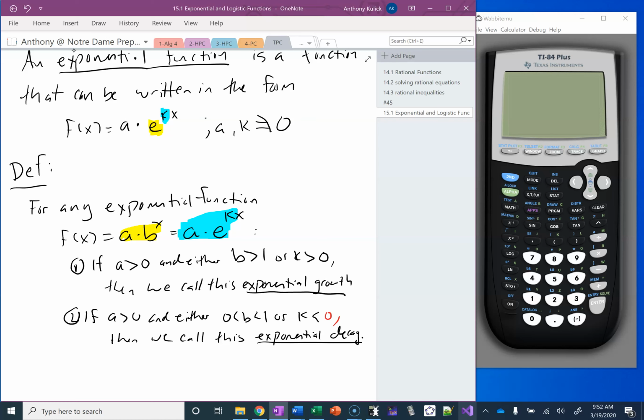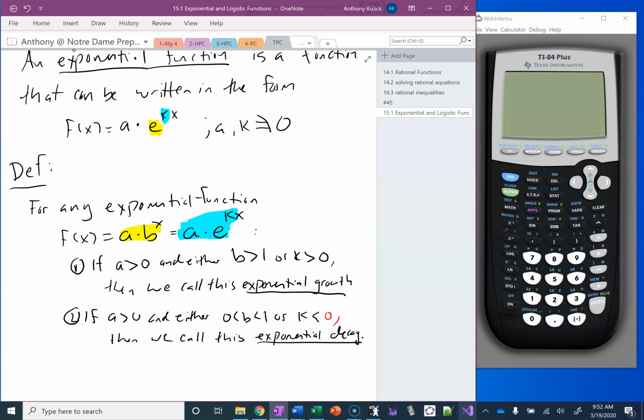So if you have a hot object in a cold room, the hot object will cool by exponential decay. If you guys have talked about half-lives and radioactive decay in your chemistry or probably even earth science class, you'll probably talk about that.